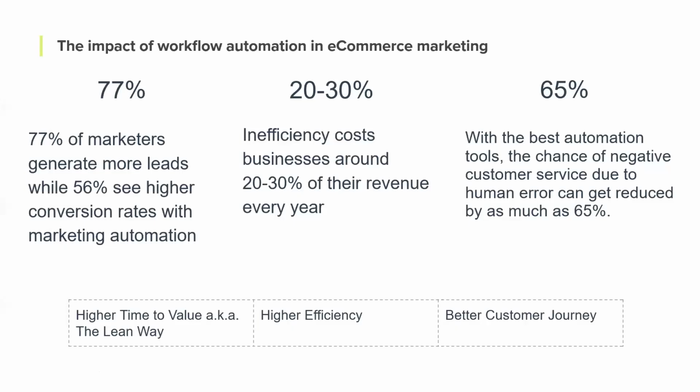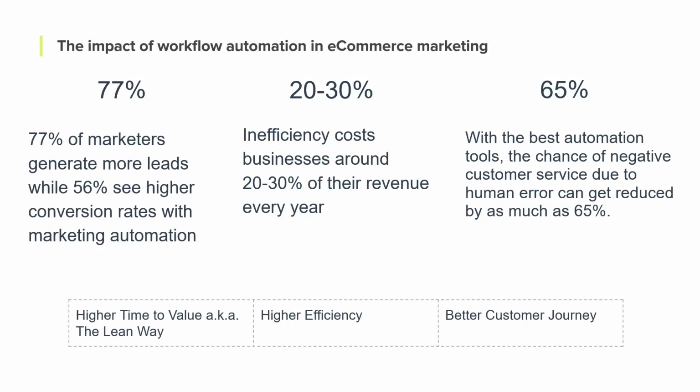The impact it has on your e-commerce marketing is very tangible. 77% of marketers generate more leads and see higher conversion with marketing automation. 65%, they say they can reduce human error by as much as 65%, and that's a lot.